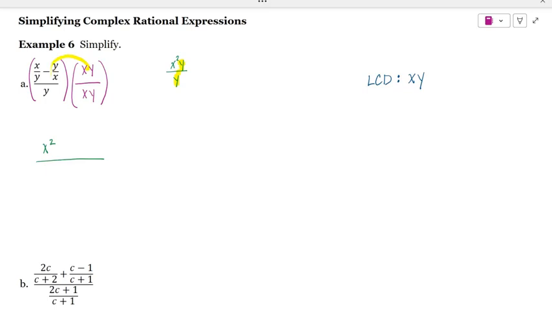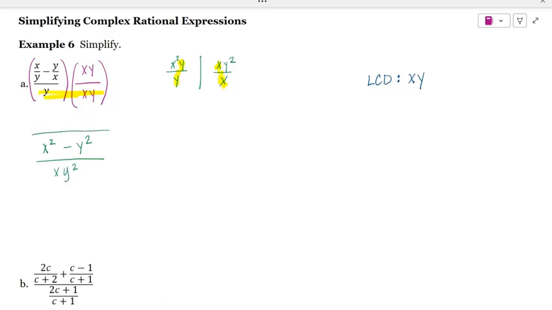That is going to be x times y squared over x. Again, multiplying by that least common denominator, we were able to clear the x in the denominator, and we're left with a minus y squared. And then multiplying these denominators down here, we're going to get x times y squared.